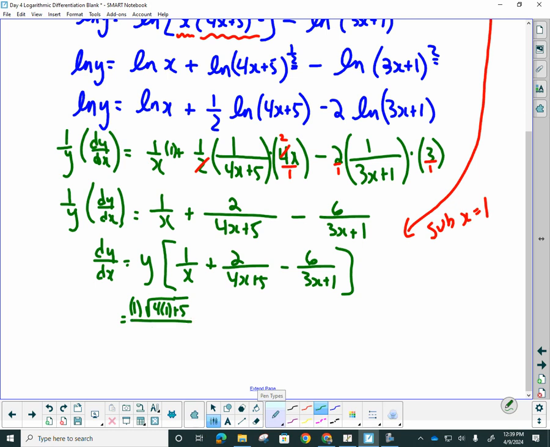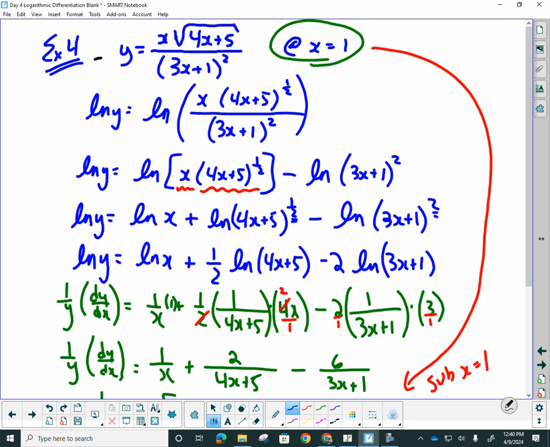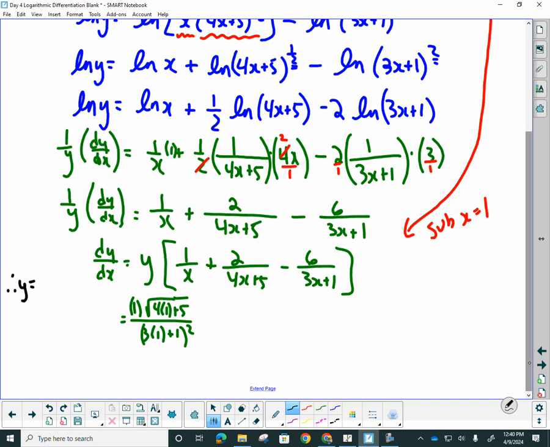All over 3x plus 1 squared, so 3 times 1 plus 1 squared. Just in case you're not seeing that step, remember that y, the original question from up top, from right here, is x over 4x plus 5 over 3x plus 1 squared.